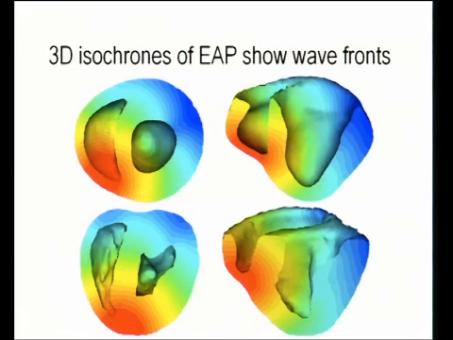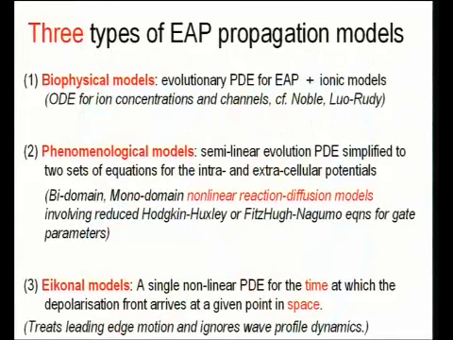You can think immediately of Huygens wavelets. If you're looking at a wave front at a given time, it's precisely when the signal arrives, and one of these lines, of course, is an isochrone. It means that the wave is along this contour at that time.